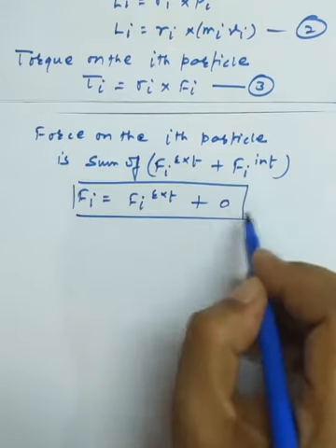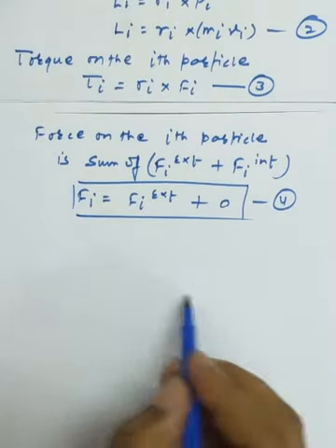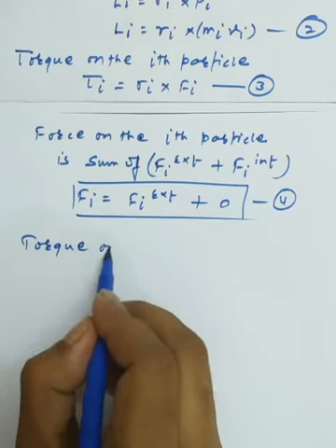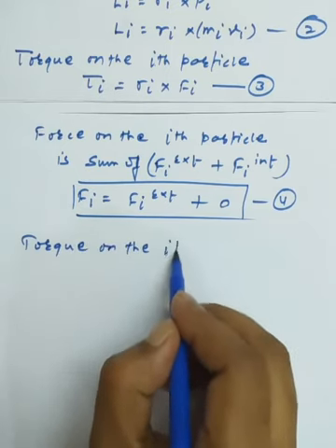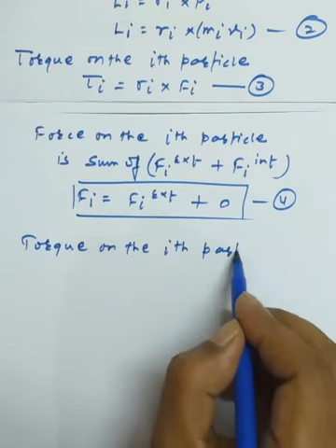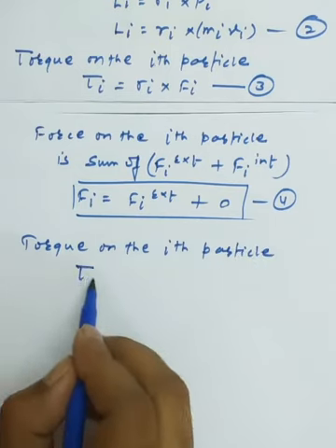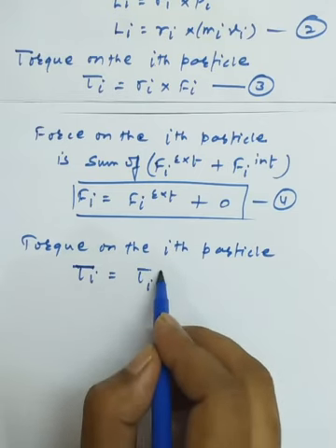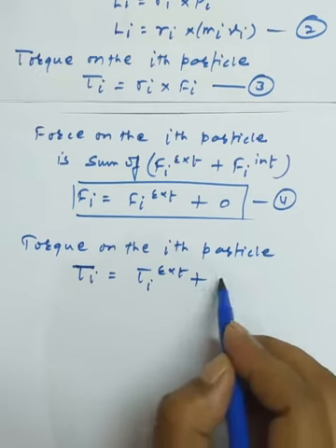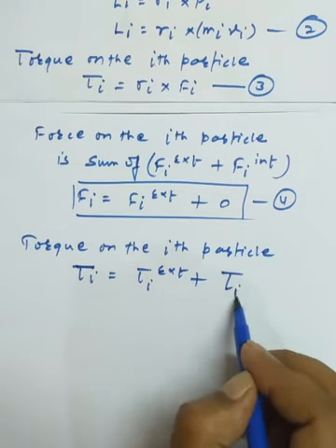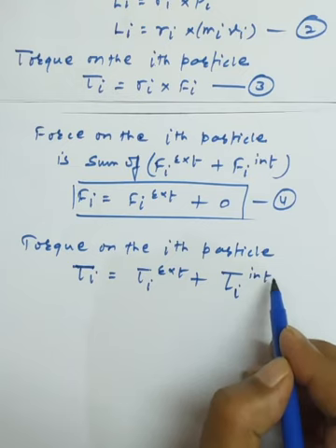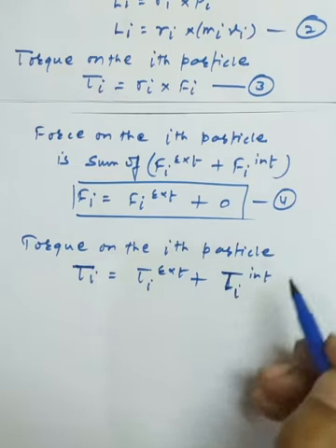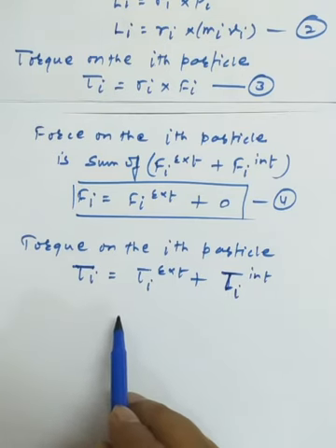So here we will use the same concept for the torque. So we have the total torque on the ith particle, which is simply the sum of the torque on the ith particle due to the external torque, plus the torque on the ith particle due to the internal torque, due to the interaction of the particles. Okay, because we have assumed there are n particles in a system.